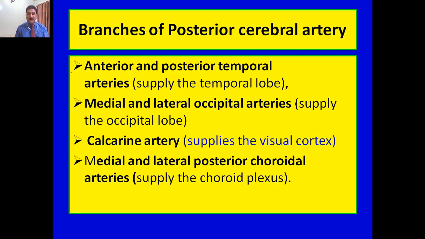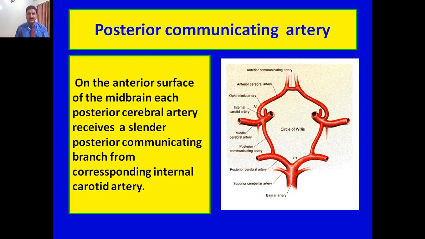The medial and lateral posterior choroidal arteries supply the choroid plexus. The posterior communicating artery connects the internal carotid artery with the posterior cerebral artery. It is a slender branch and is one of the common sites of intracranial aneurysms.